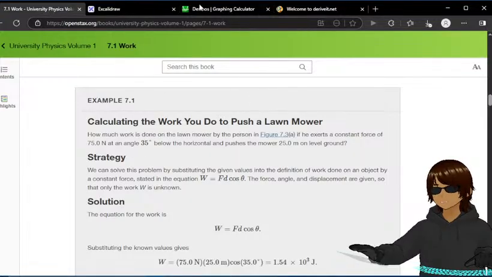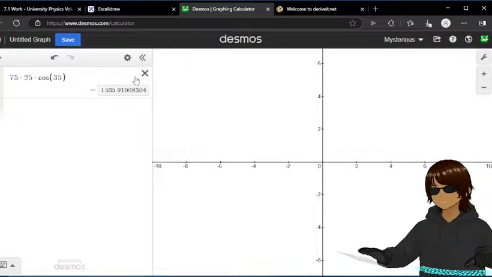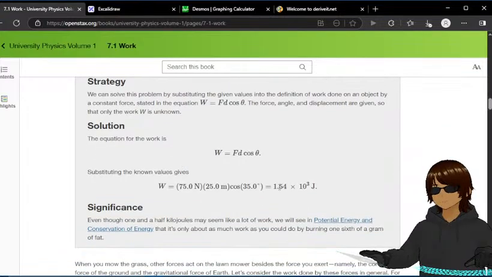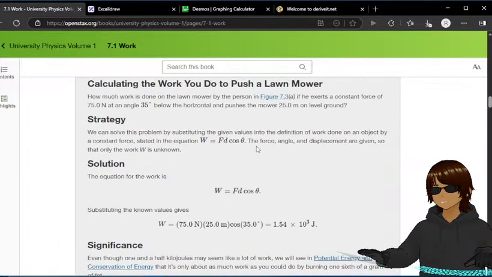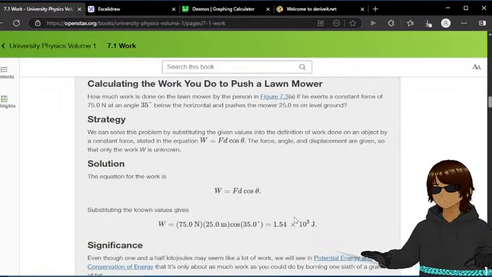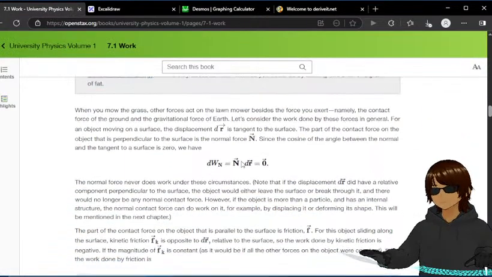In two significant figures, does this count for significant figures? I'm guessing it does, right? Two significant figures, it would be 1500 joules. One, no, wait. Okay, they're putting three significant figures. 1.54 times 10 to the power 3 joules.